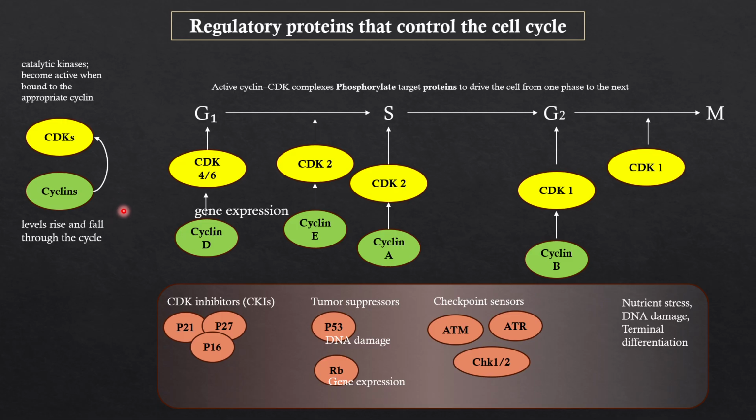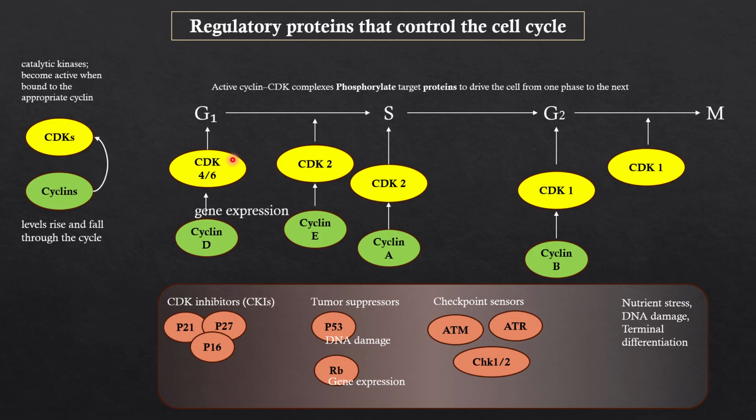When cyclins bind to CDKs, they form the cyclin-dependent kinase complex, or the cyclin-CDK complex, and these complexes function by phosphorylating target proteins, which drives the cells forward from one phase of the cell cycle to the next, progressing from G1 to S phase, then to G2, and finally into mitosis.